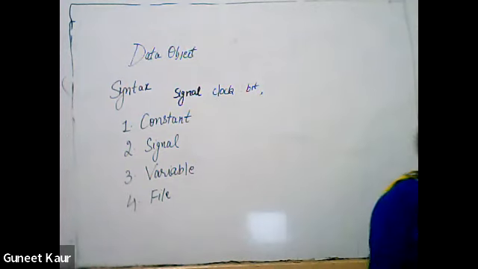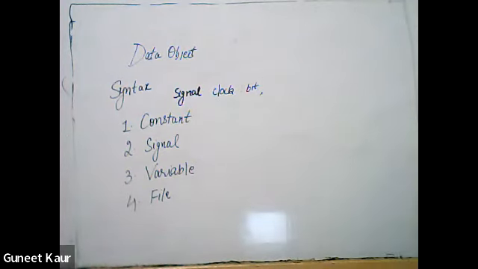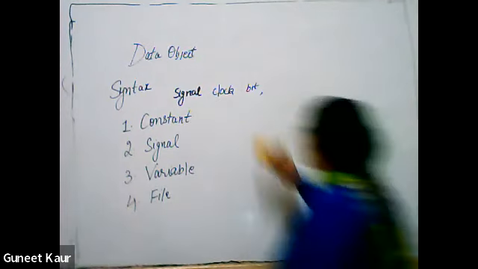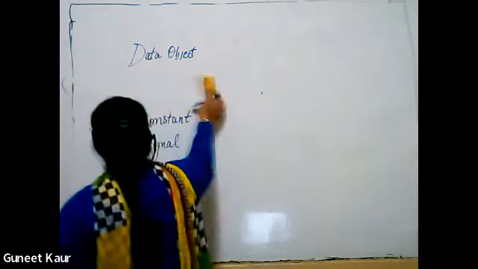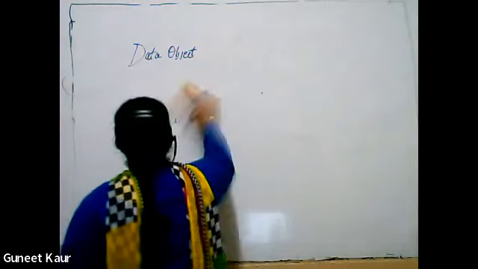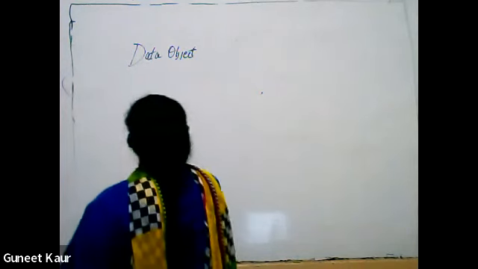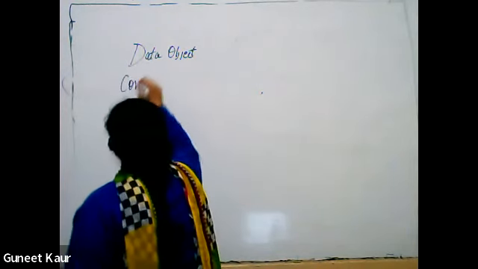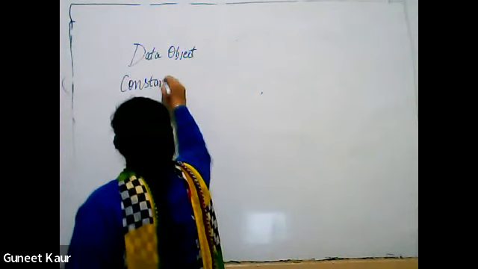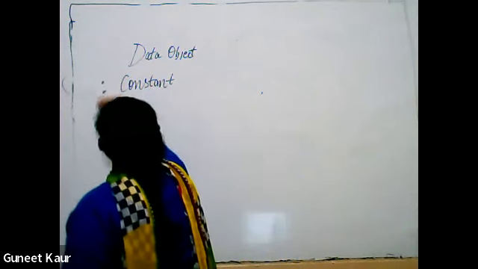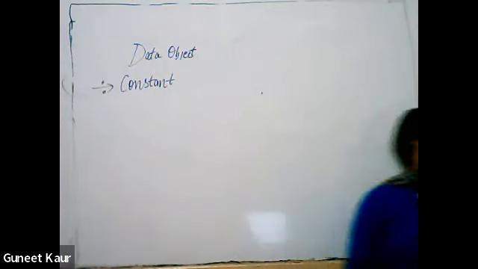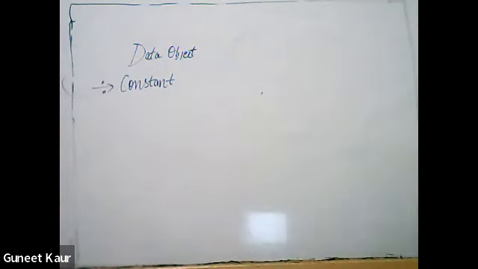Now I will discuss them one by one. Okay, coming to the very first data object, that is constant. What is constant? Actually, a constant is a data object whose value cannot be changed after it is created.